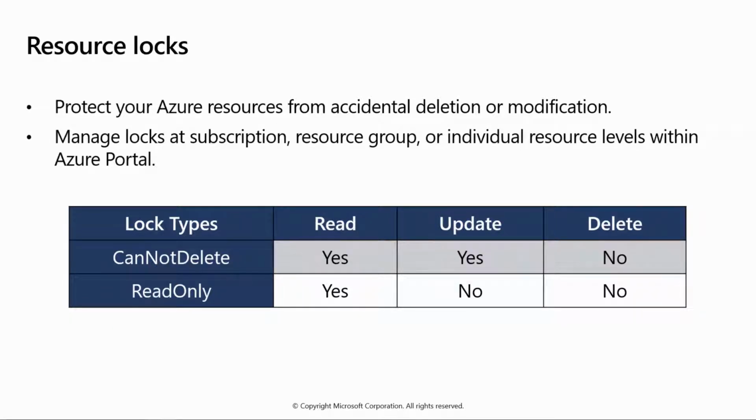There is no undo. There is no recycle bin. You cannot go get it back. So accidental deletions or accidental modifications are a very big deal because you can't undo them.